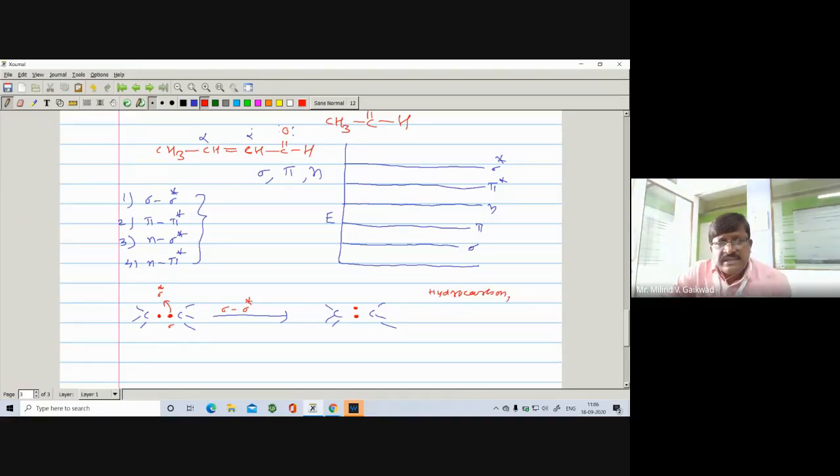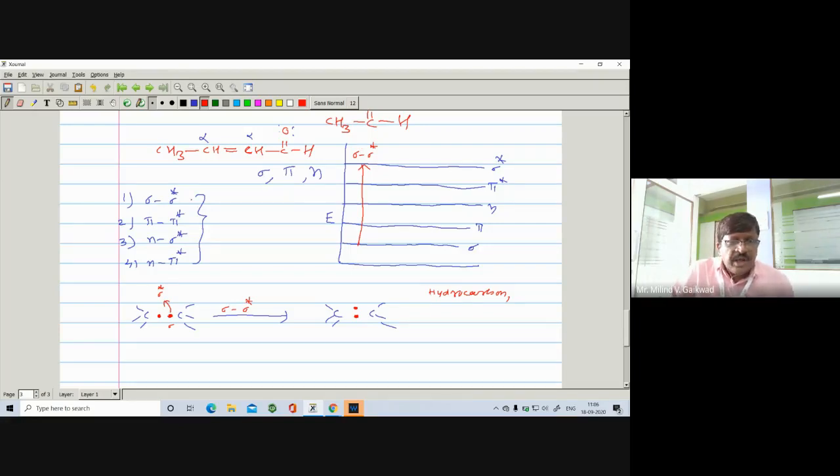Even the above examples contain a C-H sigma bond, C-C sigma bond, C=O, which has one pi bond and one sigma bond. So all of them can show the sigma bond. In this case, one of the electrons from the sigma is shifted to the sigma star, so it is called a sigma to sigma star transition. Most of them undergo sigma to sigma star transition.